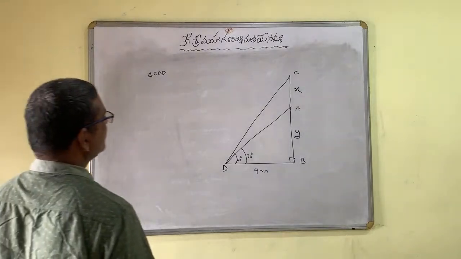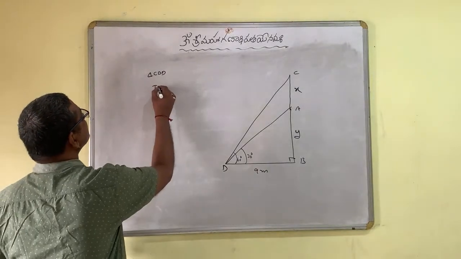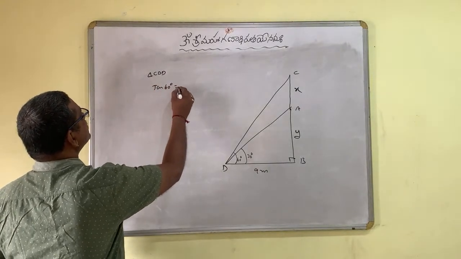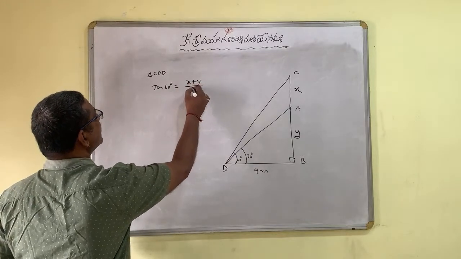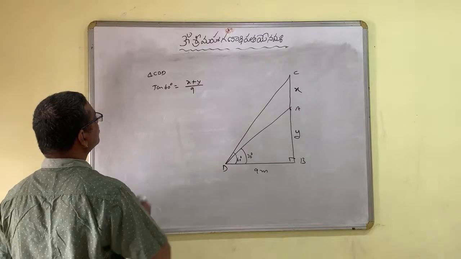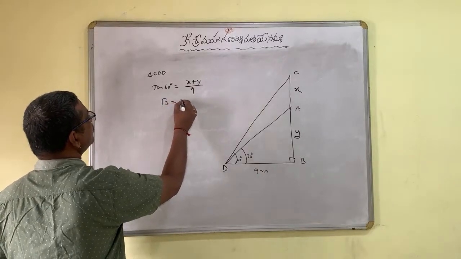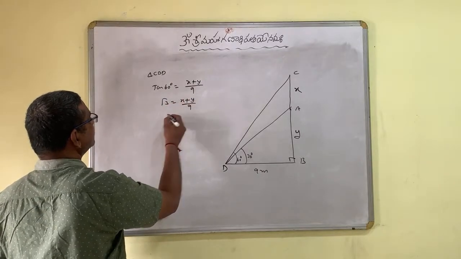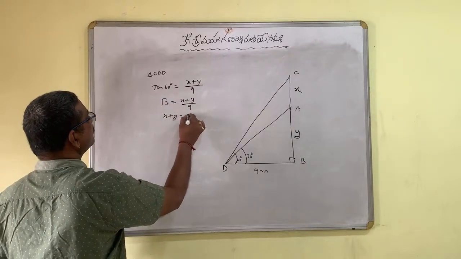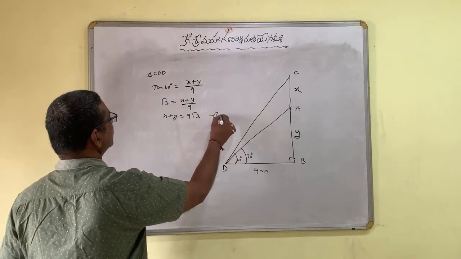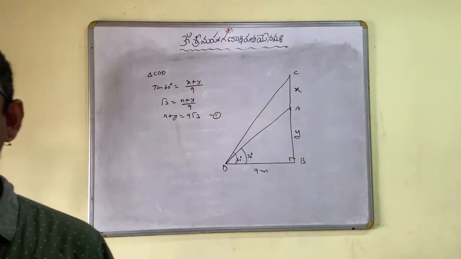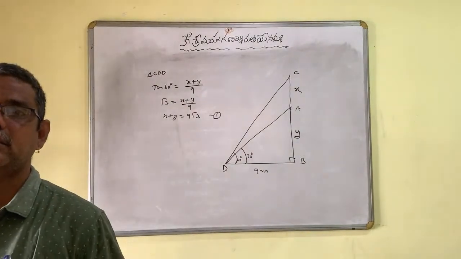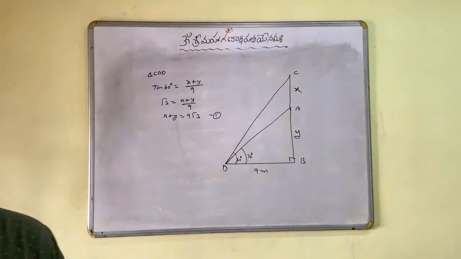Tan 60 degrees is equal to x plus y by 9. Root 3 is equal to x plus y by 9. X plus y is equal to 9 root 3. Let it be 1.